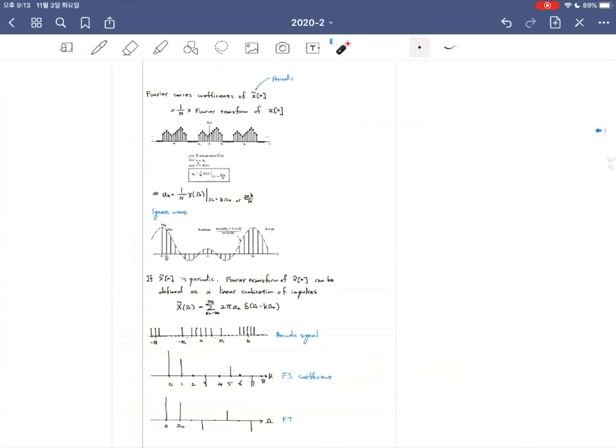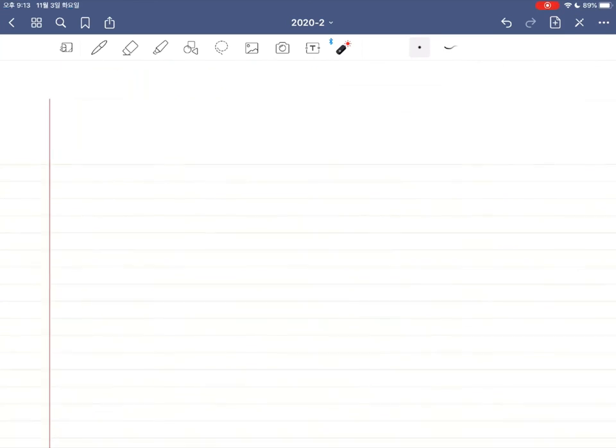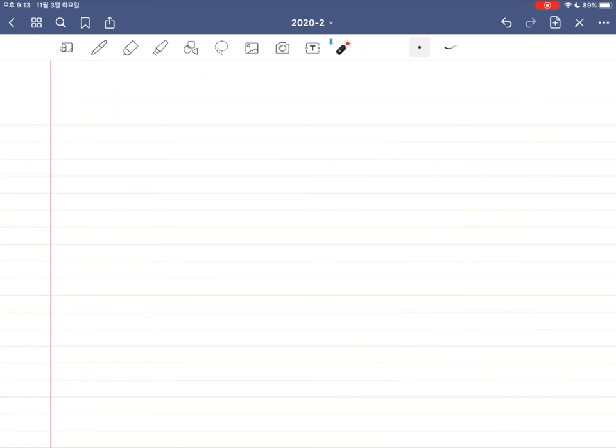Okay, so we have gone through the discrete time Fourier series and Fourier transform, and as you have experienced, a lot of things have the same concept as in continuous time. However, there are some differences, right?